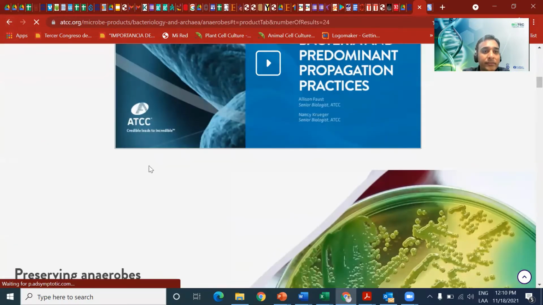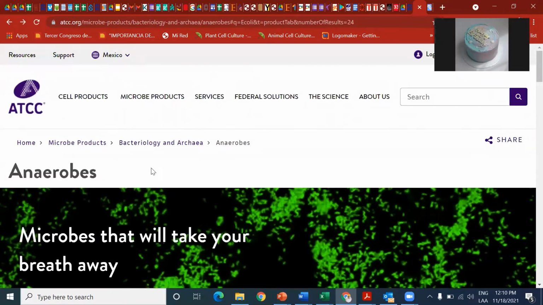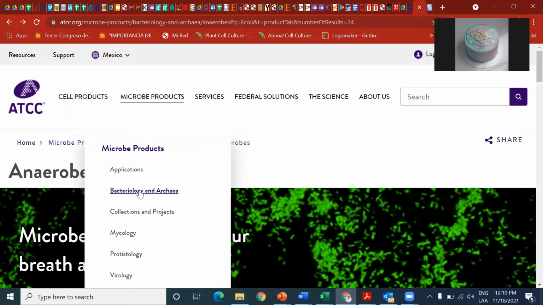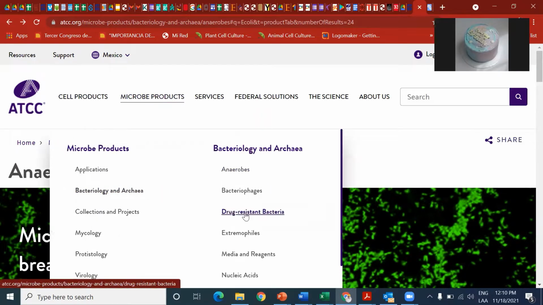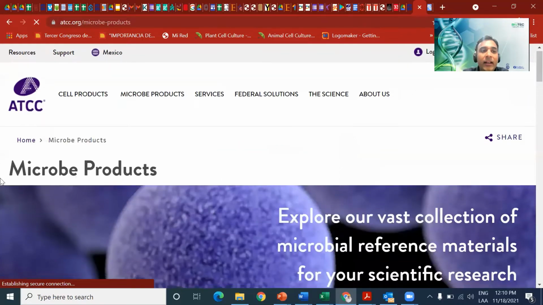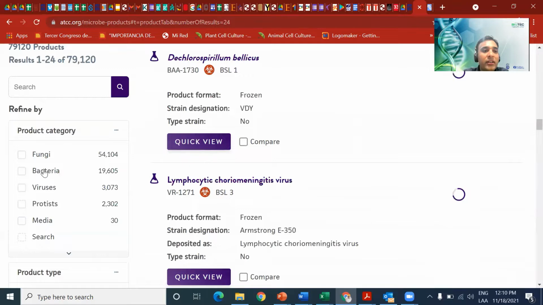But it is aerobic, no? Okay, maybe it could be in the drug-resistant bacteria, I don't know. Oh, it could be in everything, right? It is going to be everywhere. You just put it here in the microbial products like this, and directly you can find any bacteria. Okay, it should be searching here. This is the bacteria.